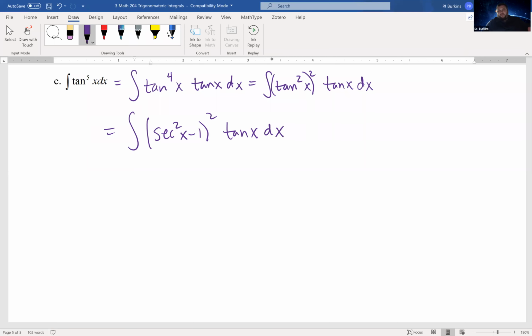Now I'm not at the point where I can make a u substitution yet, because that secant squared is buried inside of a binomial squared. So instead, I think I'm going to be forced to square this all out first.